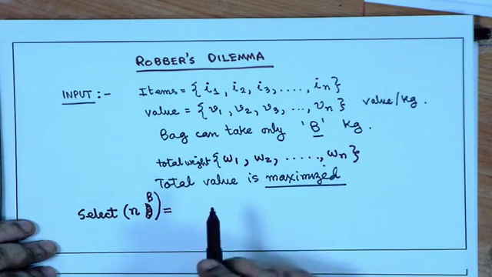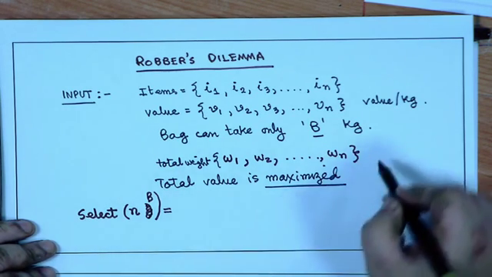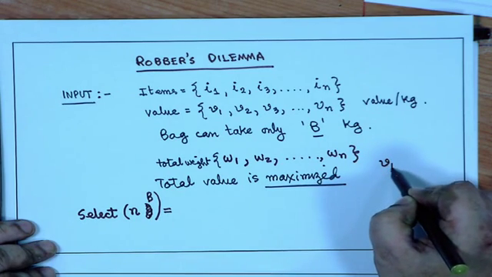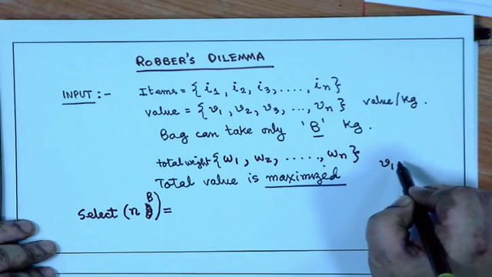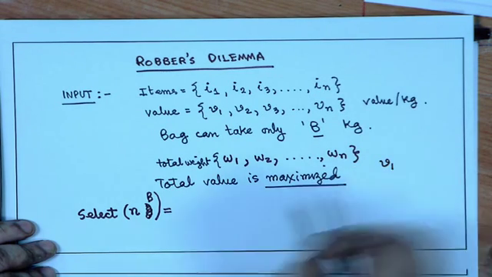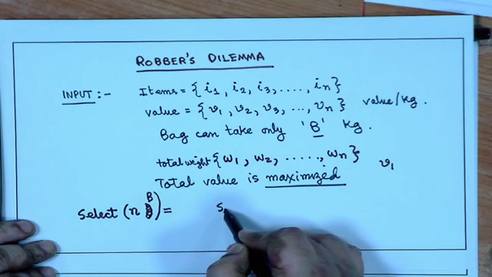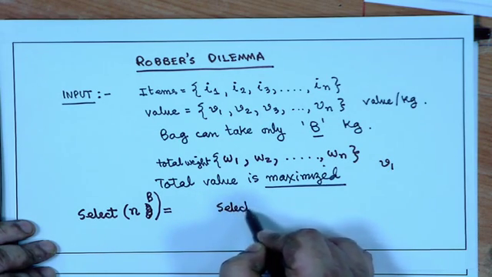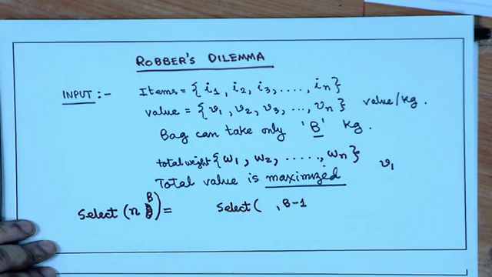Then he starts thinking what he will do with this item. He starts planning and says, is there a way for me to choose an item V1, whether I will take it, and how much should I take? Should I take the full value? Should I take 1 unit, 2 units, 3 units? Suppose he chooses 1 unit, then B becomes B minus 1 kg.